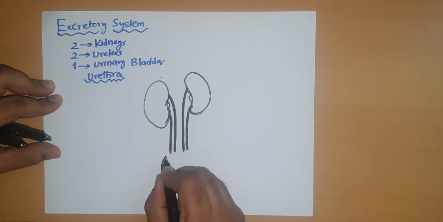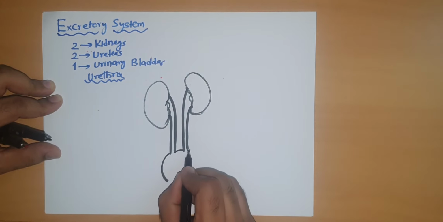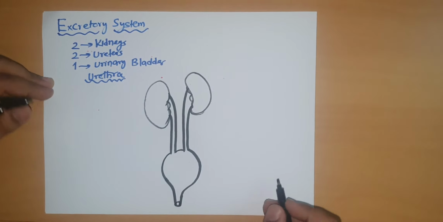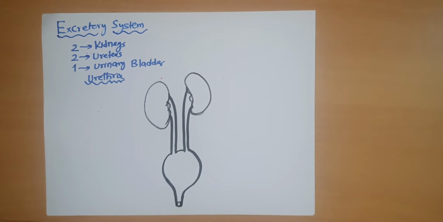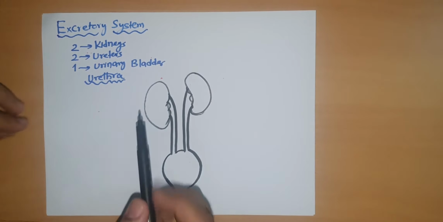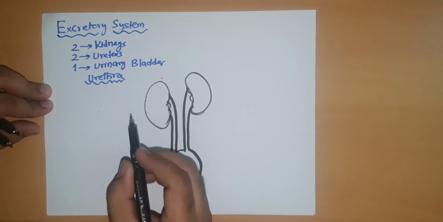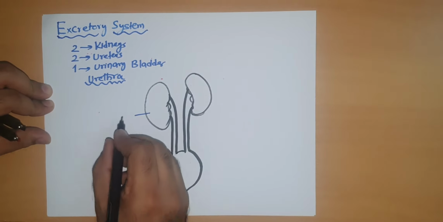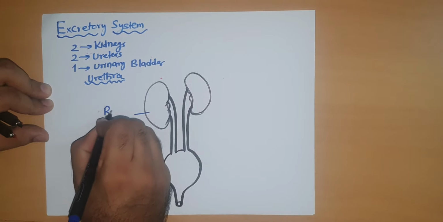This is the excretory system. Now if we label them, this is the right kidney. You have learned that we always label the organs of our body according to their original position.